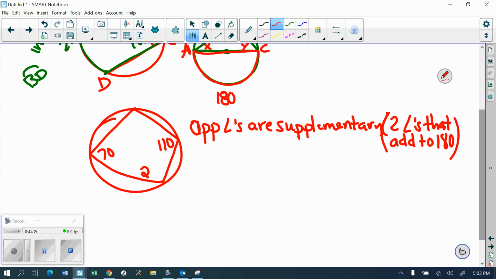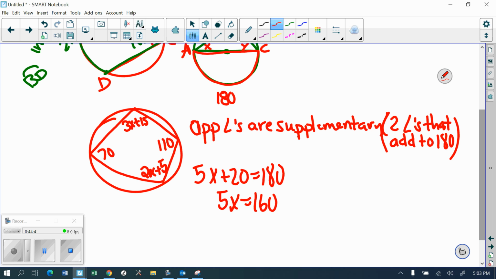If this is 2x plus 5, and this is 3x plus 15, and I know those two add to 180, so I'm going to just combine like terms, and I have 5x plus 20 equals 180. Subtract the 20 across, and I get 160, and divide by 5 on both sides, and I get 32. So x is 32.